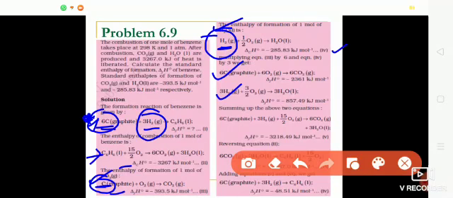Remember, whenever you multiply any equation, the enthalpy changes are also multiplied by the same factor. Now once you add these two equations, we get 6 moles of carbon reacting with 3 moles of dihydrogen and 15/2 moles of oxygen.